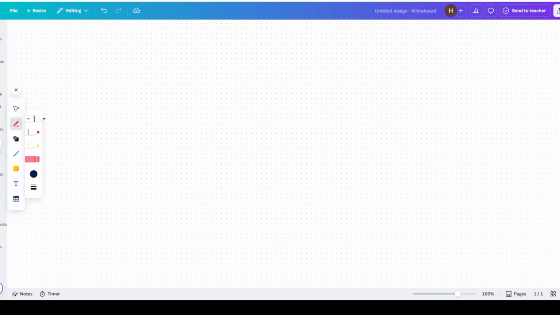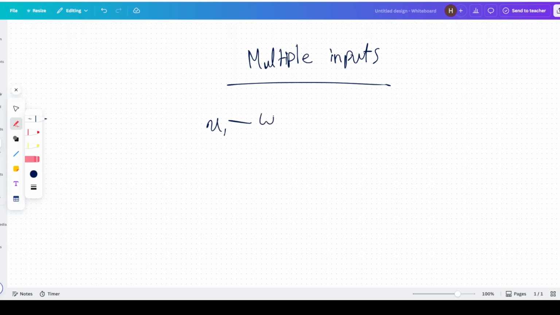Now we move on to multiple inputs. Let's say again we have our x1, our w1, our x2, our w2, our x3, and our w3.